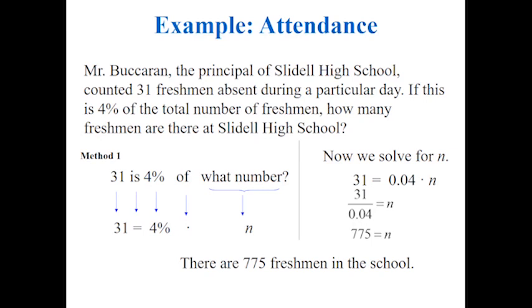So wages was an example of percent problems. Attendance could be a type of percent problem. But another common percent problem is percent increase, percent decrease.